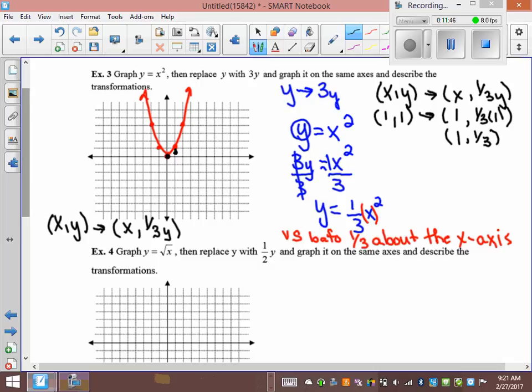Then negative 1 and 1 is going to become negative 1 and then 1/3 times 1, so it's negative 1 and 1/3. And then this is 2 and 4. What's 4 times a third? 4/3, right? 4/3 is 1.33333. So it's just going to move down to here.